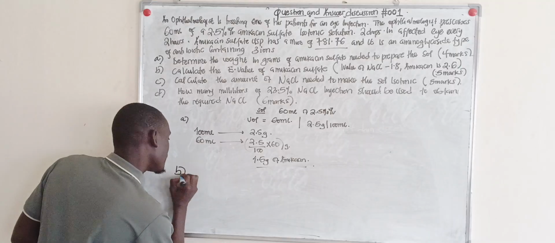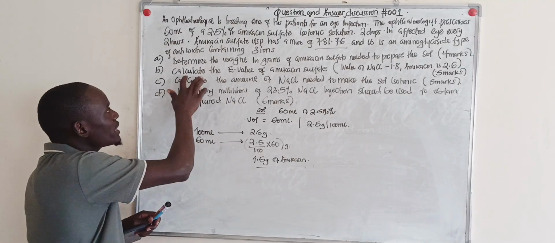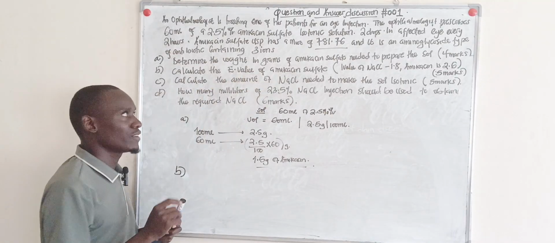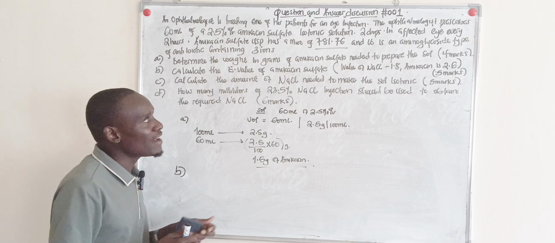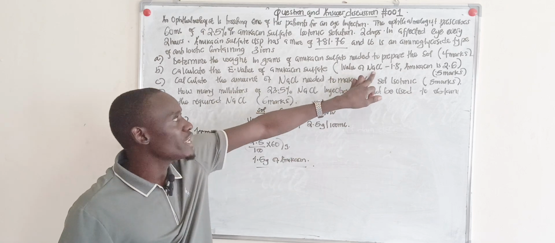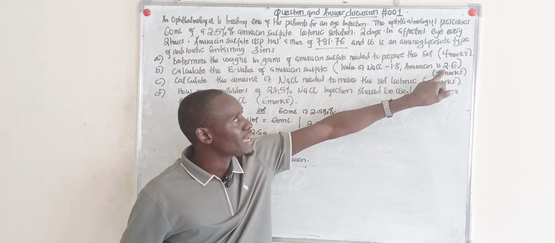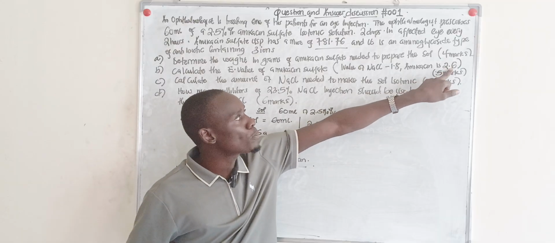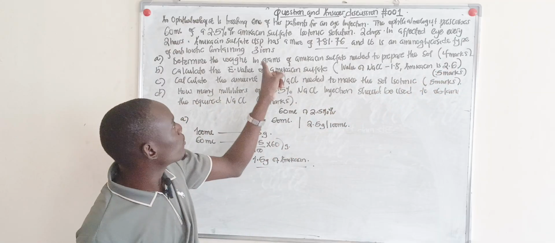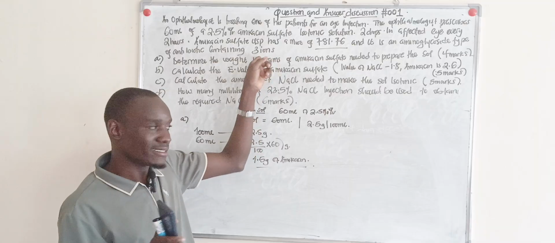Part B, they are asking us to calculate the sodium chloride equivalent of amikacin. And they have given us the i value of sodium chloride and also that of amikacin sulfate, which is 2.6 because it produces 3 ions.